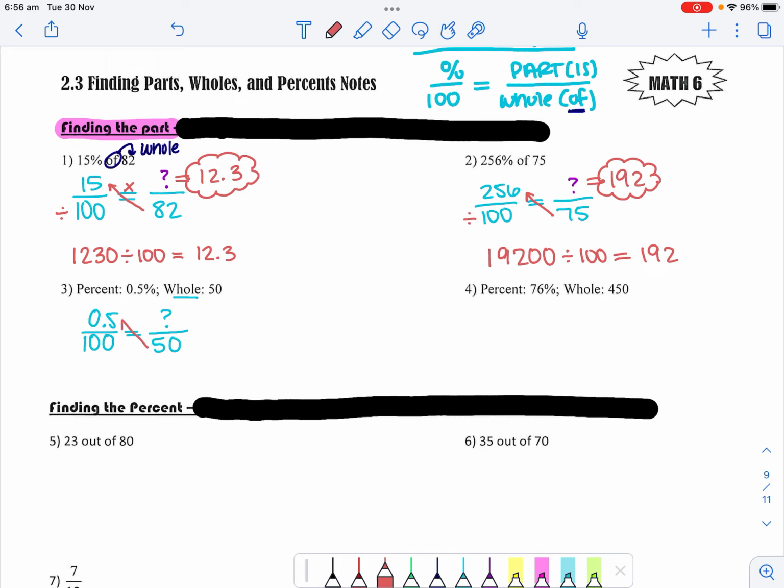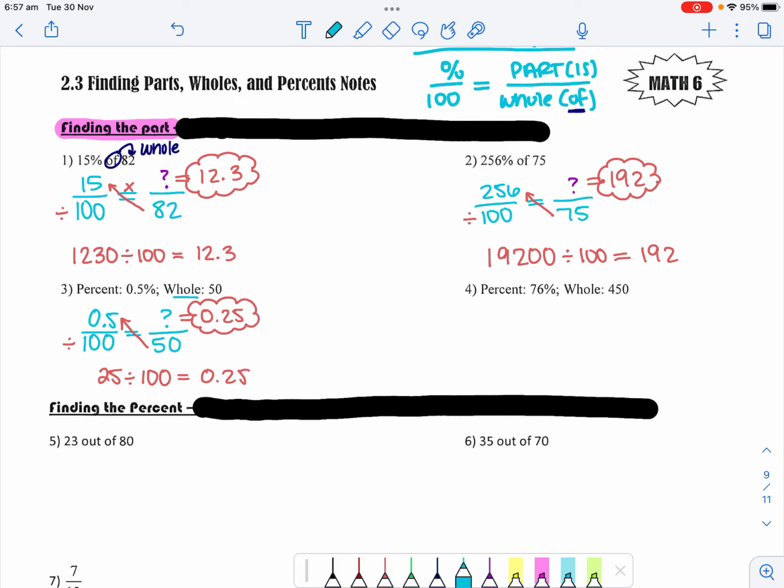So I'm going to do 50 times 0.5. 50 times 0.5 is 25, and then I divide by what's left over. Divided by 100 is 0.25. 0.5% is really tiny, so I would expect that the answer to this question would be really tiny. So 0.25 is a pretty tiny number.